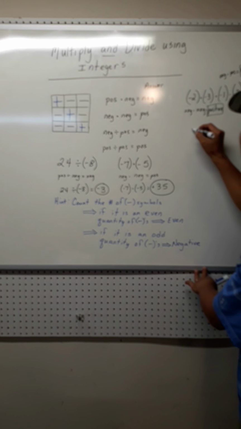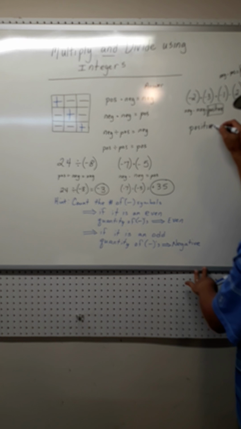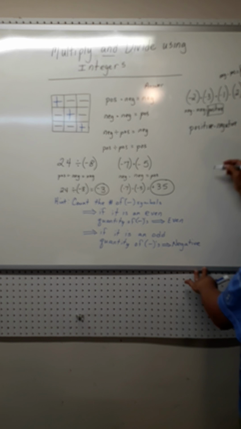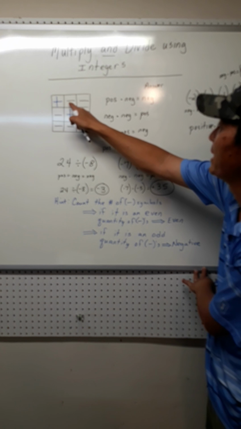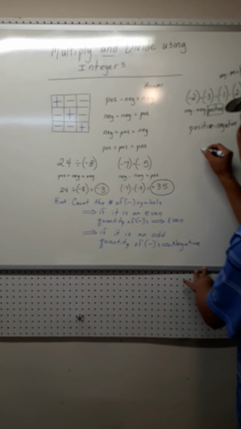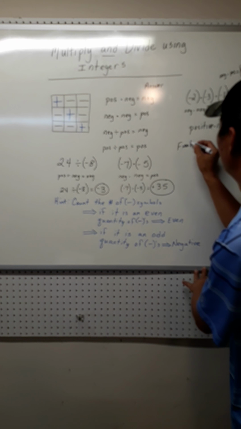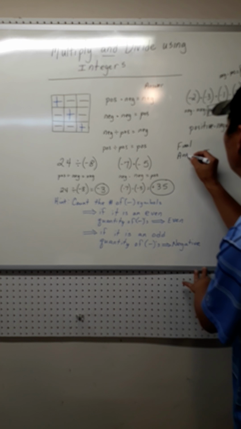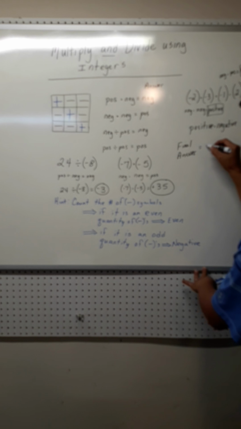I'm going to put positive first, because that's what my first two terms give. Positive times a negative must give me a negative. So my final answer must equal a negative.